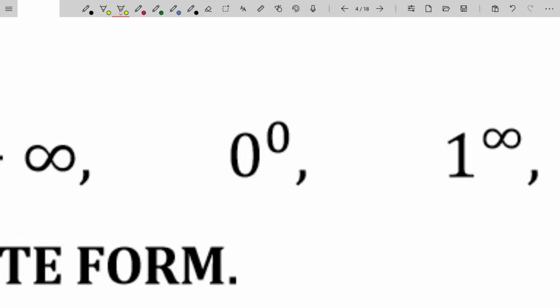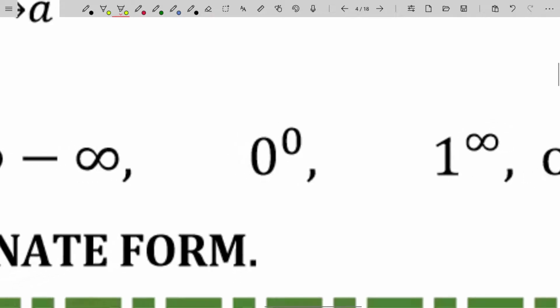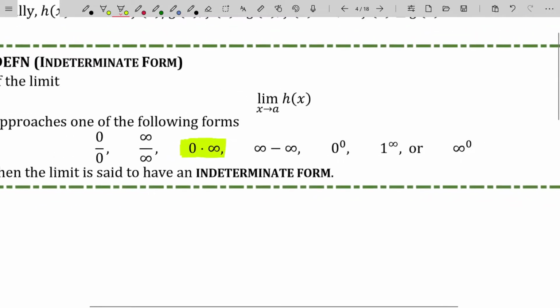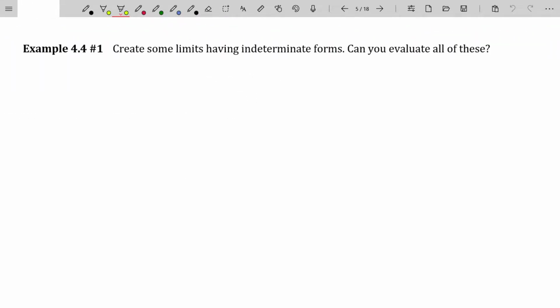There could be several different values that could take on. So again, hard to determine what these are. So we'll go ahead and create some limits having the indeterminate forms, and then we'll try to evaluate some of them. Some of them we won't be able to evaluate, but maybe we can evaluate some. Who knows, right? It just depends on how we make them up.